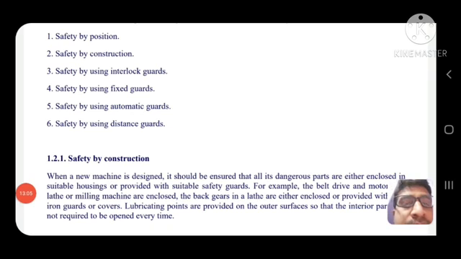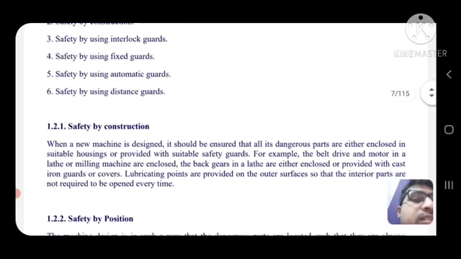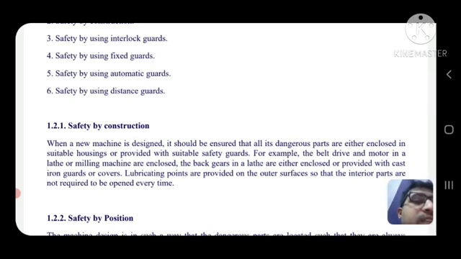When a new machine is designed, it should be ensured that all its dangerous parts are either enclosed in suitable housing or provided with suitable safety guards.